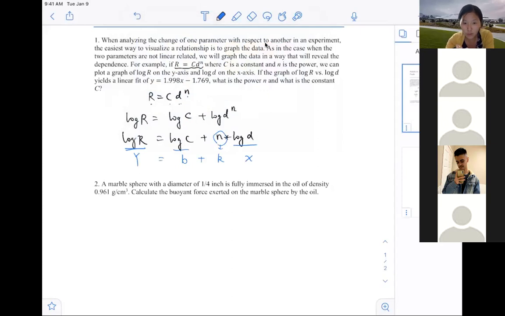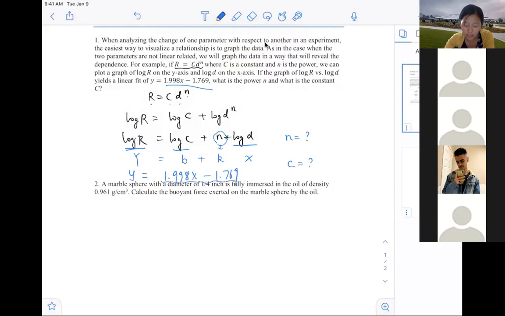So if you graph your data, and the equation reads y is equal to 1.998x minus 1.769, from here, can you tell me what n is and what c is?